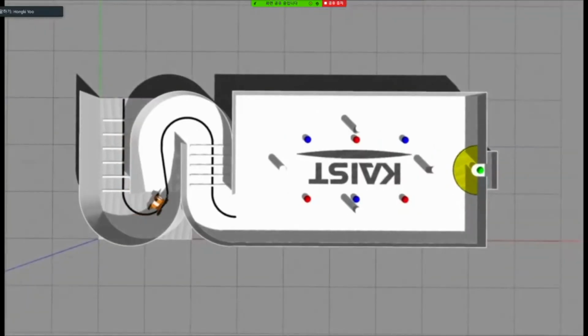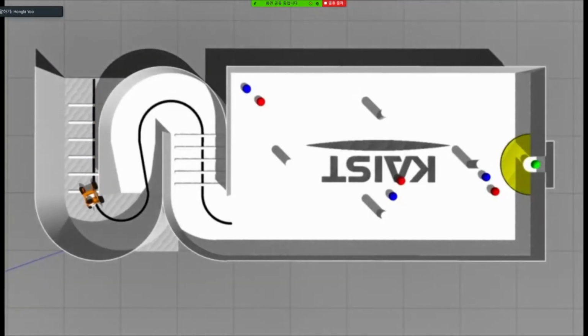And before we finish, let's see the short video. And this is easy case. And as you can see, it works well for the easy case. And this is hard case.